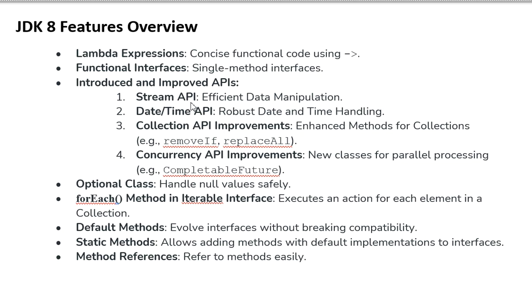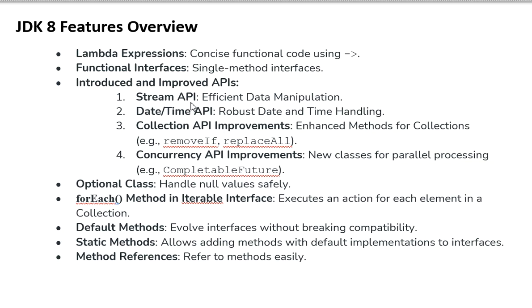The next one is the forEach method in the Iterable interface, which executes an action for each element in a collection. And default methods let interfaces evolve without breaking compatibility. Static methods allow adding methods with default implementations too.